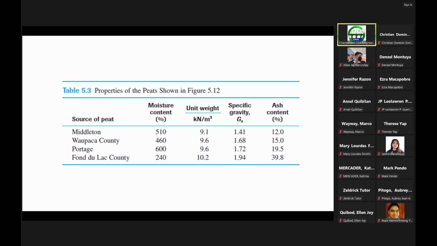Normally for normal soils, it is between 12 to 21, that's the usual unit weight, so this one here is generally lower. And then for the specific gravities, normally we are around 2.65 to 2.9, for example, but for peat the specific gravity is quite low. That's the difference between peats as compared to the other soil materials.